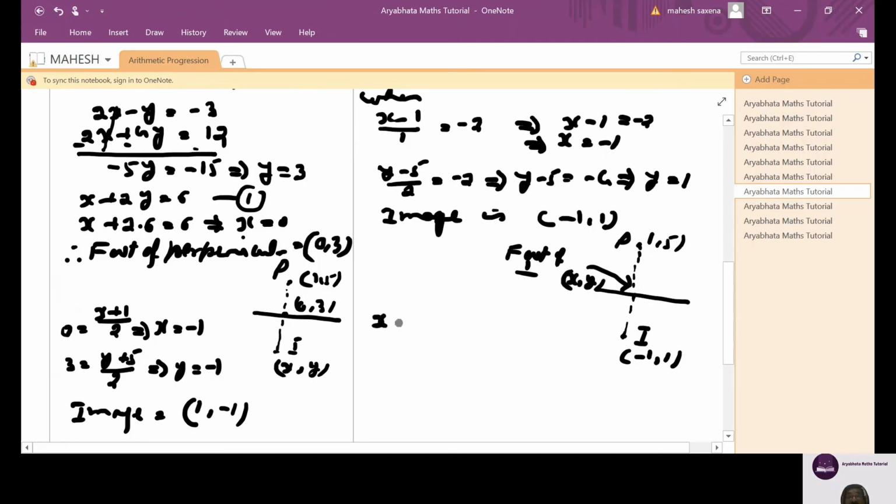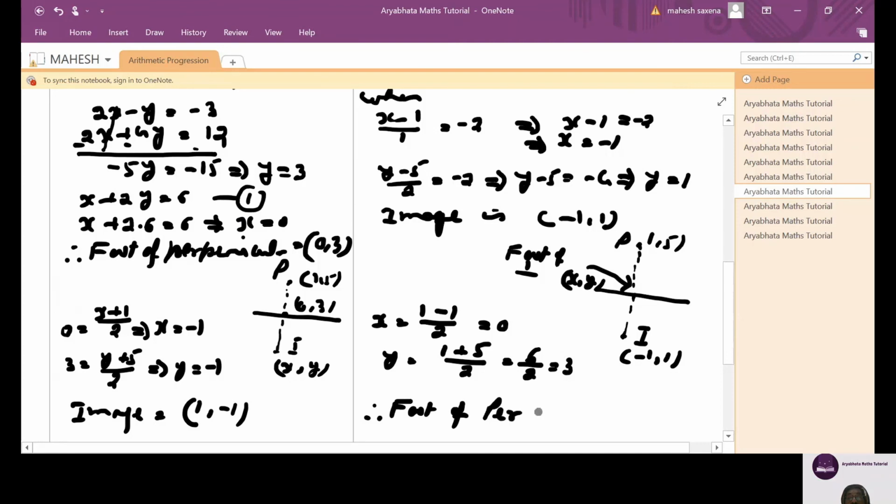Therefore, x is equal to 1 minus 1 upon 2, that is 0, and y is equal to 1 plus 5 upon 2, that is 6 upon 2, that is 3. Therefore, the foot of perpendicular is 0, 3.